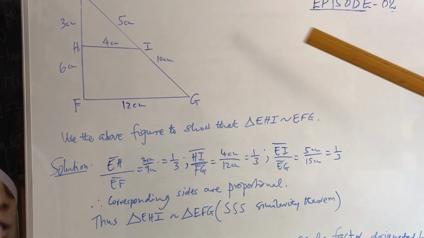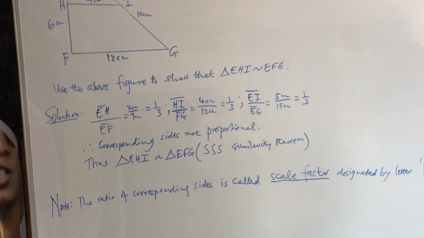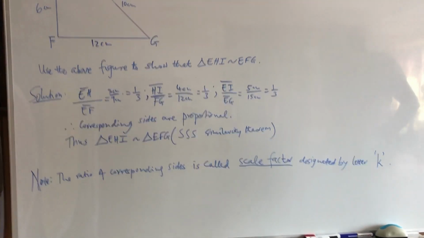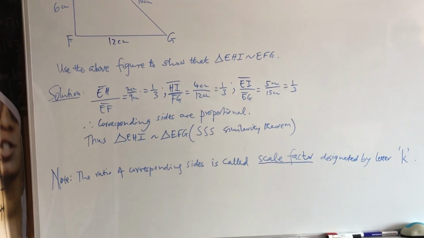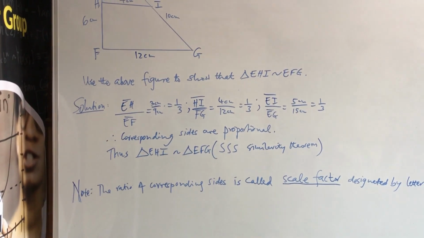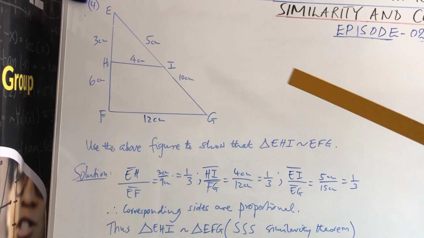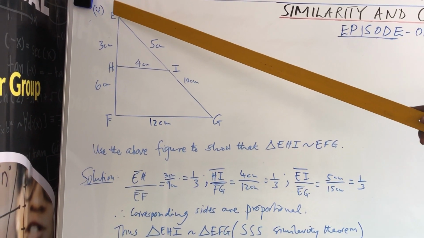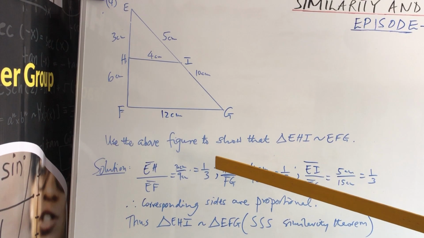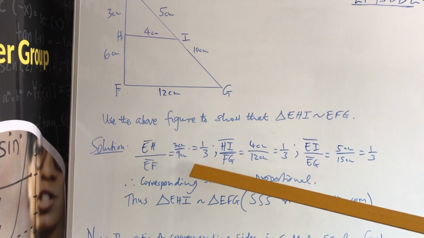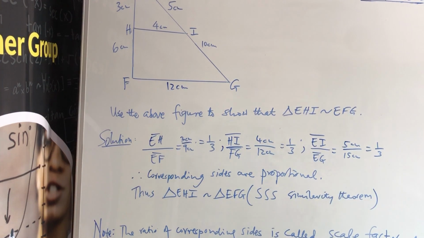Now, in this question, we don't have any information about angles. However, we have all the sides given in terms of length. Therefore, quickly we can look at the ratios of sides. For example, if you look at the ratio of side EH and EF, it is equal to 3 centimeters to 9 centimeters, which simplifies into 1/3.